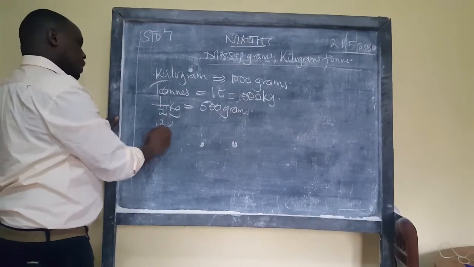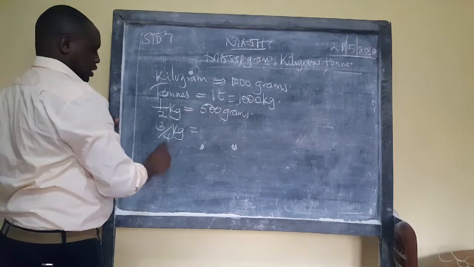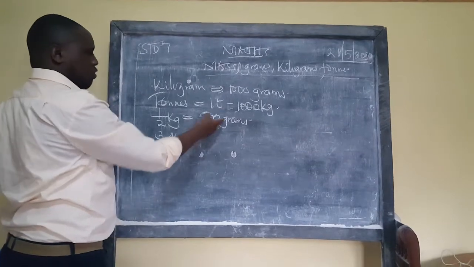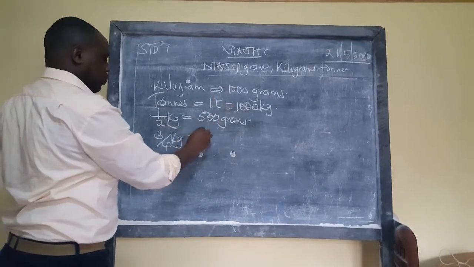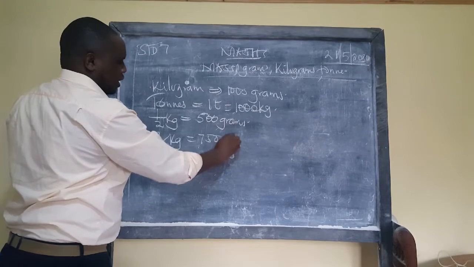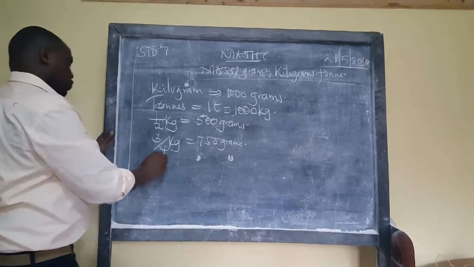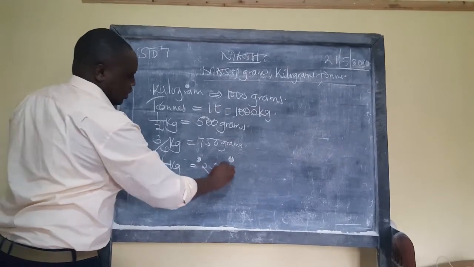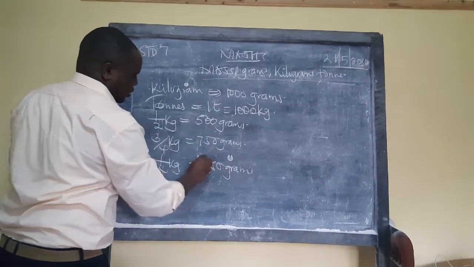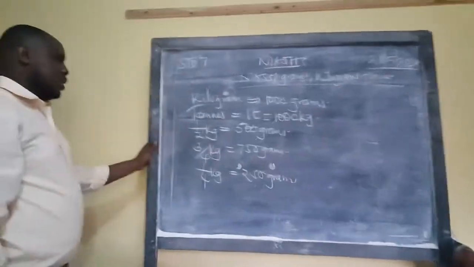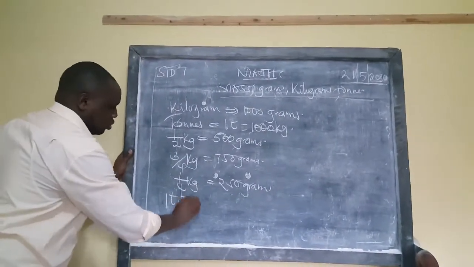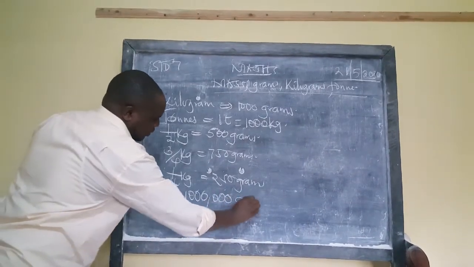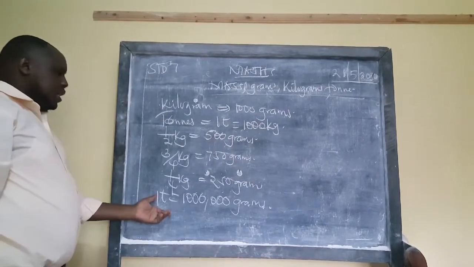Then you have 3/4 kg. 3/4 kg is simply 3/4 of 1,000, which gives you 750 grams. Then of course a quarter kg is 250 grams. Then 1 ton is equal to 1 million grams. A ton has 1 million grams.